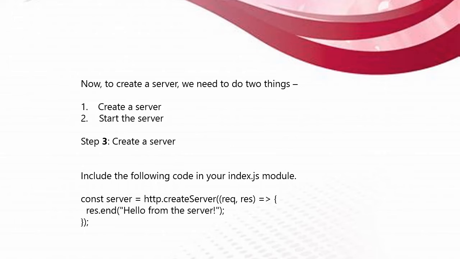The end method on response is used to send back the response to the client. It is the simplest way of sending a plain text response from the server to the client. The createServer method returns an HTTP server that is stored in our server variable.